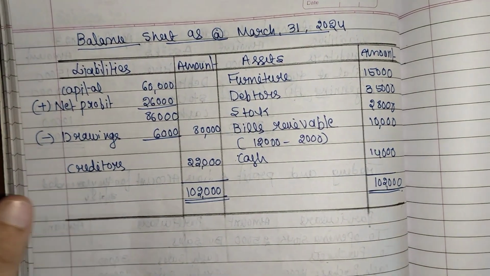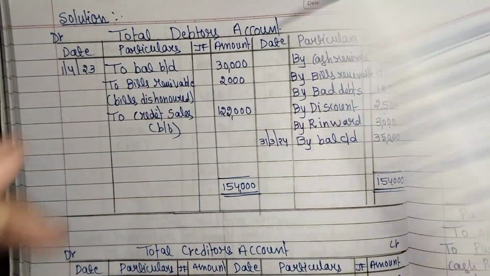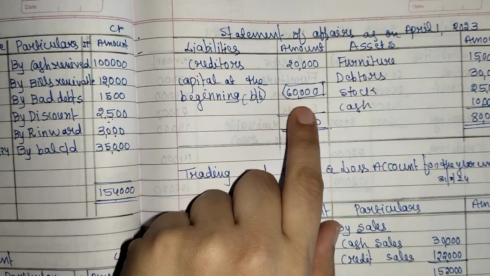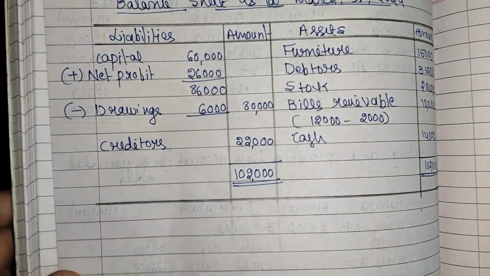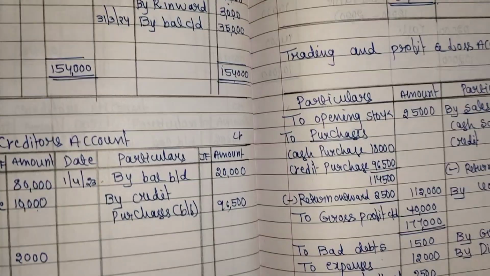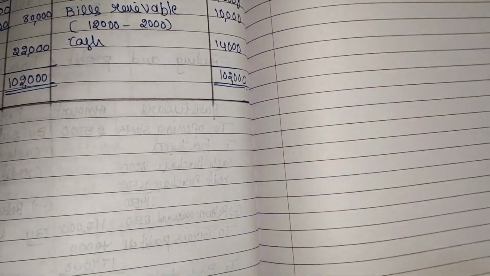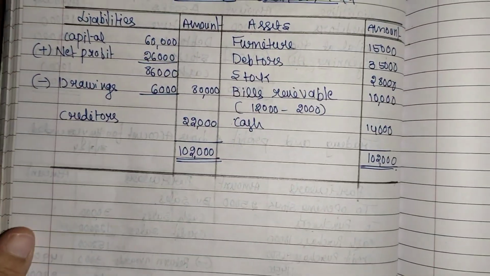Clear? Now capital at the beginning, 60,000. In step 1 we have calculated the capital at the beginning, right? That is rupees 60,000. So write down capital 60,000. For that you need to add the net profit. How much? That is rupees 26,000. So add 26,000. So total 86,000.